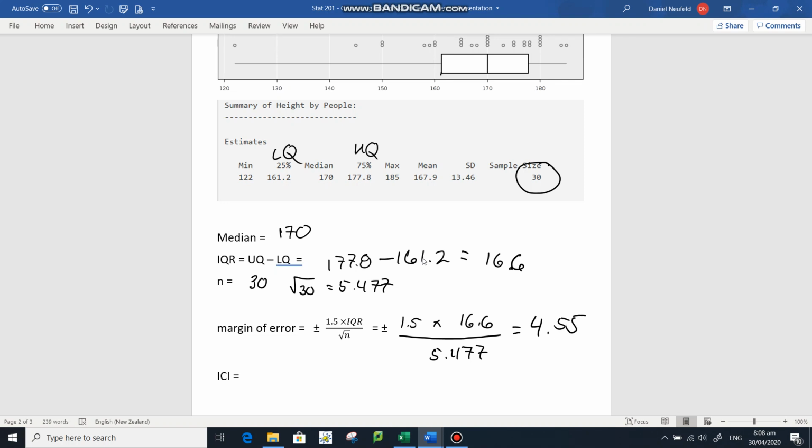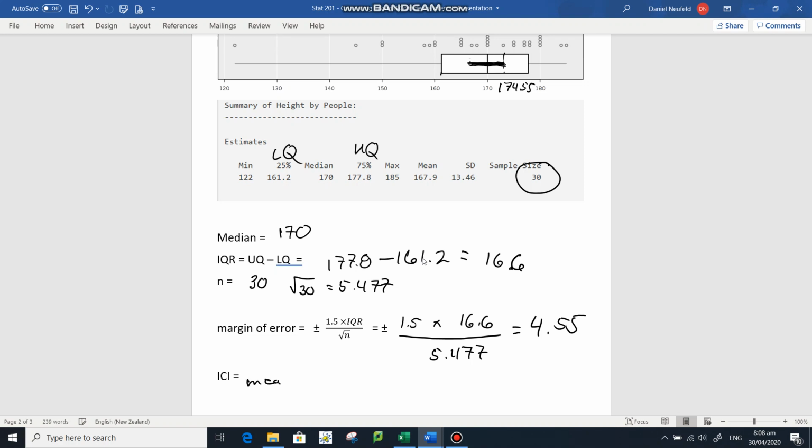So this is my median that I have. If I go 4.55 this way, that's 174.55, and if I go 4.55 back, this is going to be my informal confidence interval. So we do that calculation.